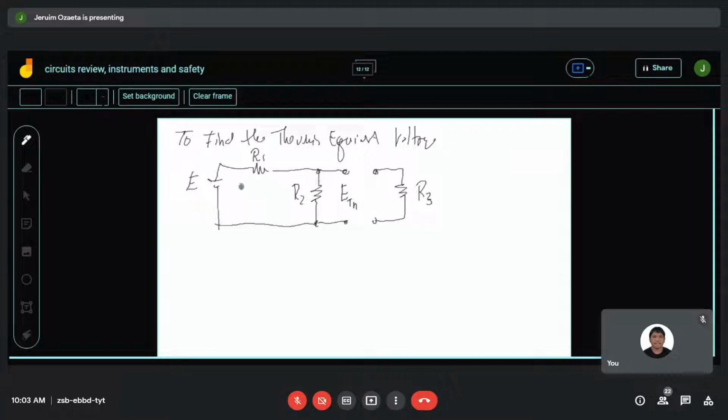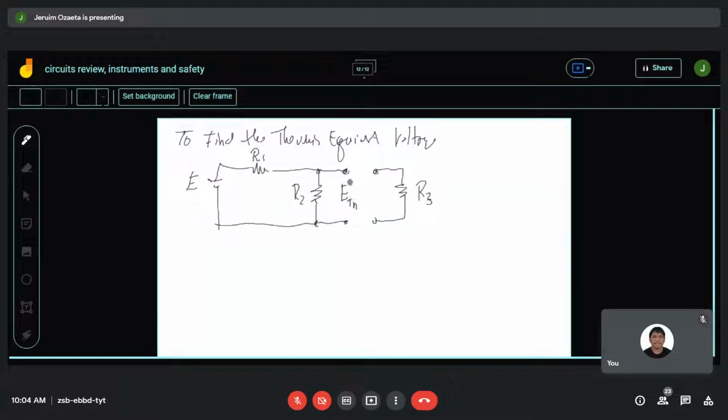We note that R sub 1 and R sub 2 are just a voltage divider. Voltage divider because some of the voltage will drop at R1 and the other voltage will drop at R2. So that the sum of the voltage E is just equal to the drops at R1 and R2.